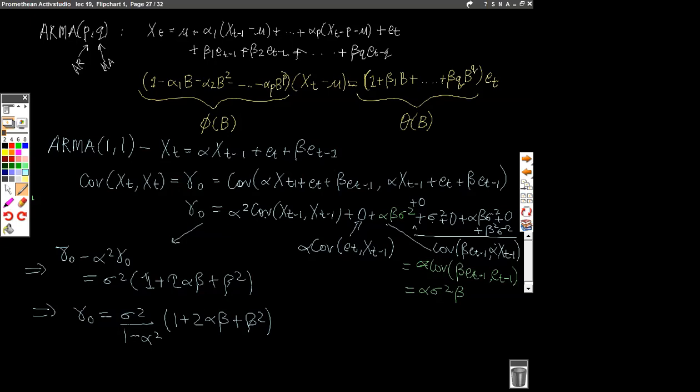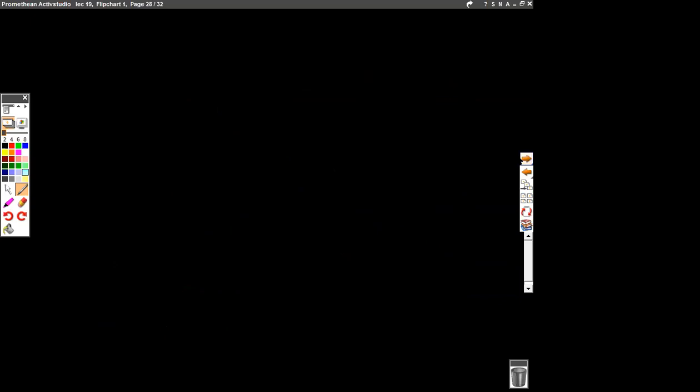So now we have to figure out the covariance of XT. So again, let me ask, what should I take here, XT plus 1 or XT minus 1? Minus 1. Minus 1, right? Because I have minus 1 in the expansion of XT. So I'm more likely to get a nice answer with XT minus 1.